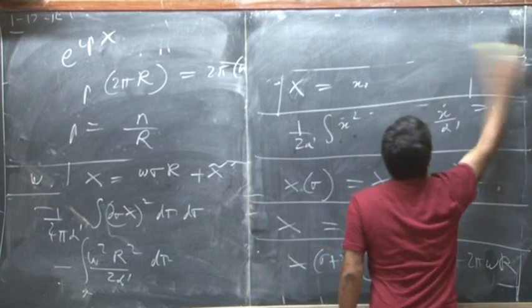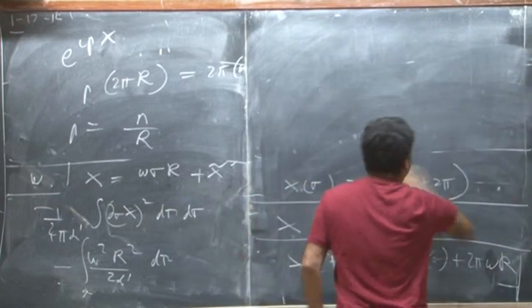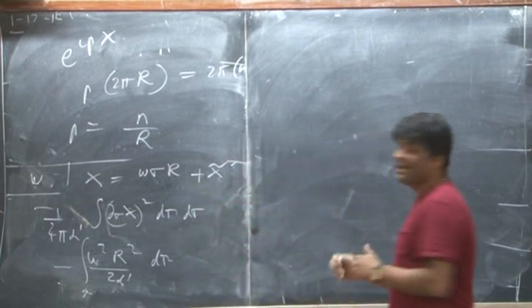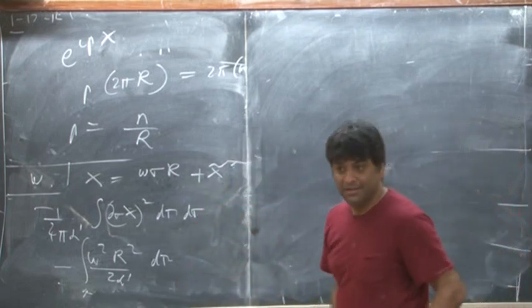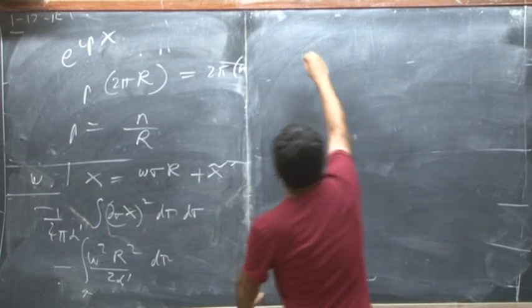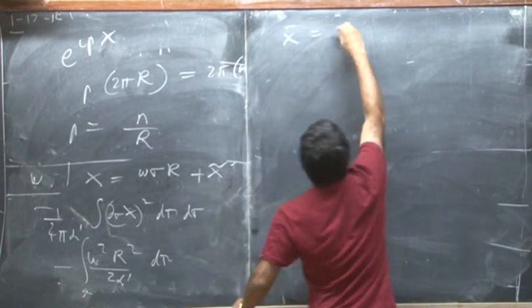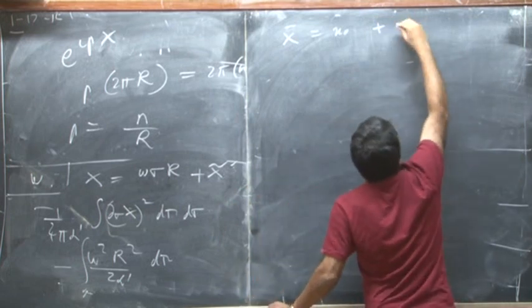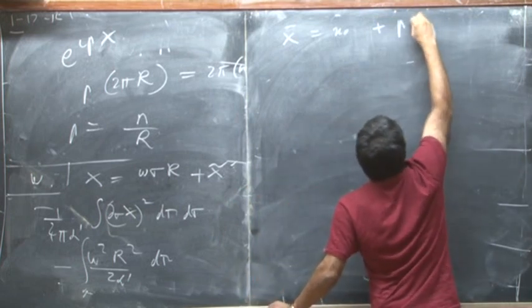Now let us recall the mode expansion of the string. As we said, we have x tilde is equal to x naught, which we ignore. Okay, it's needed, but okay. Plus p alpha prime tau.